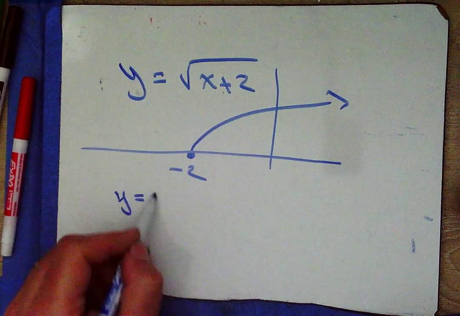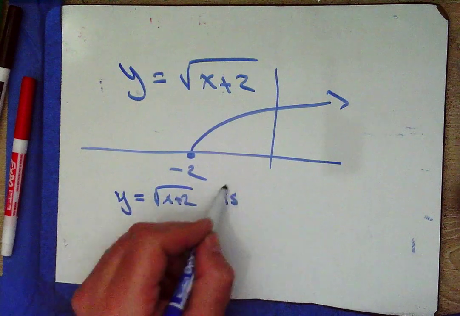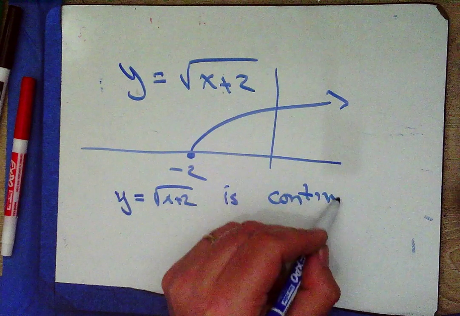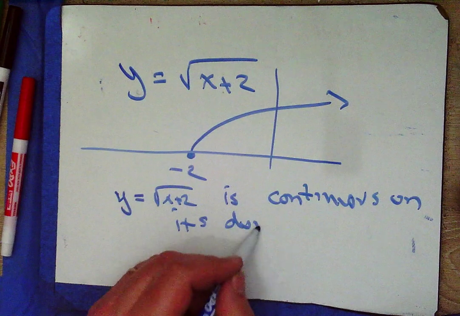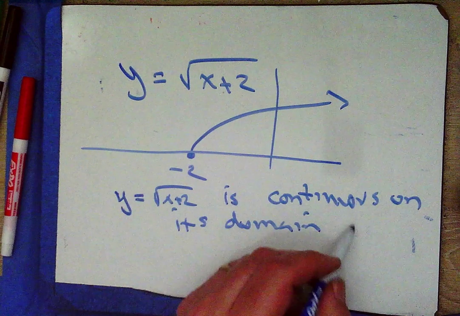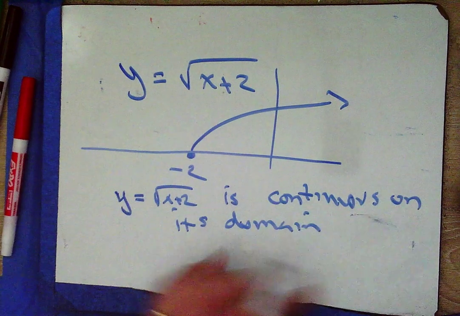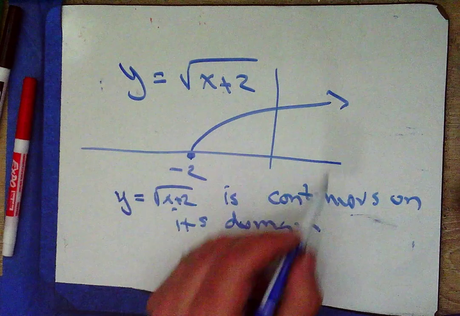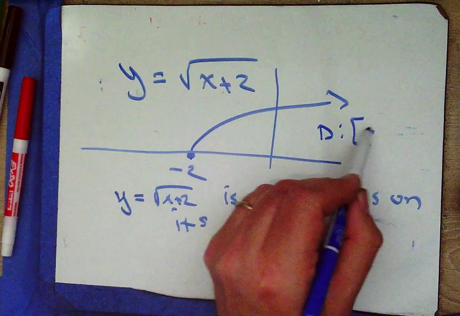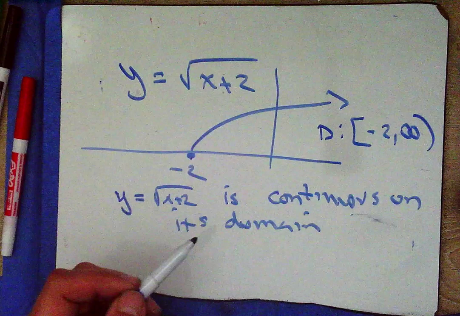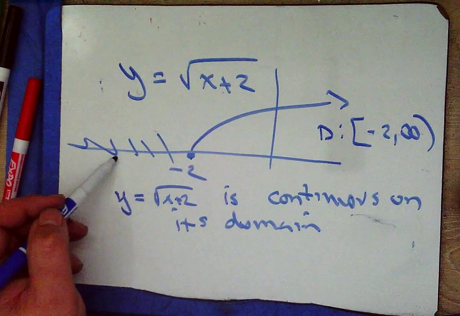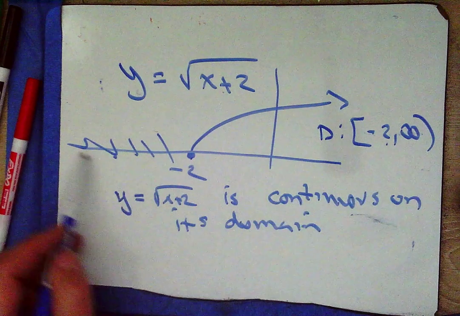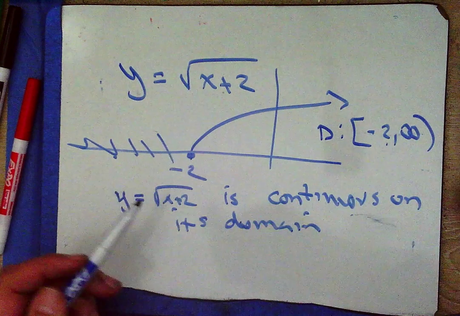Y equals square root of x plus 2 is continuous on its domain, because we know the domain goes from negative 2 to infinity. This part, we didn't think the function would need to be continuous over here because this part over here is not in the domain of that function.